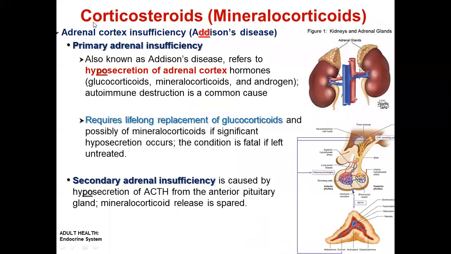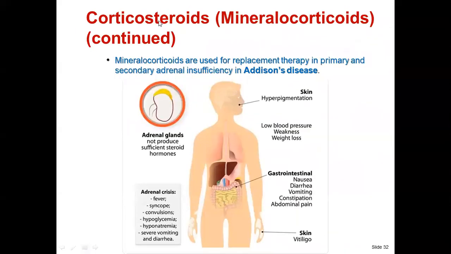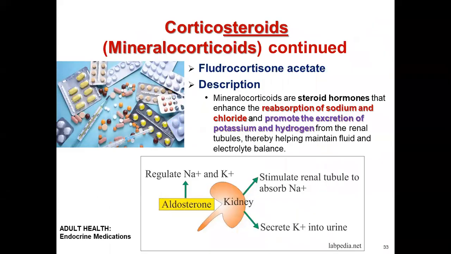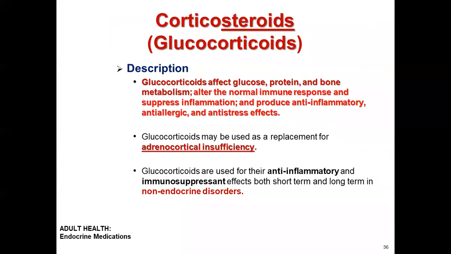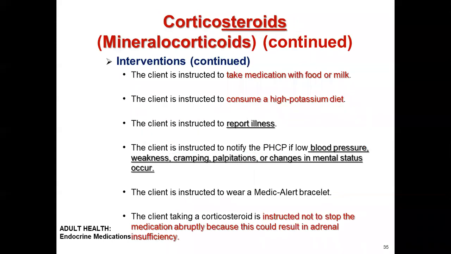Here we go. We are going to focus on the corticosteroid. Corticosteroid, the major group is, here we said, the glucocorticoid. Glucocorticoid again contains cortisol. And another one is called mineralocorticoid.